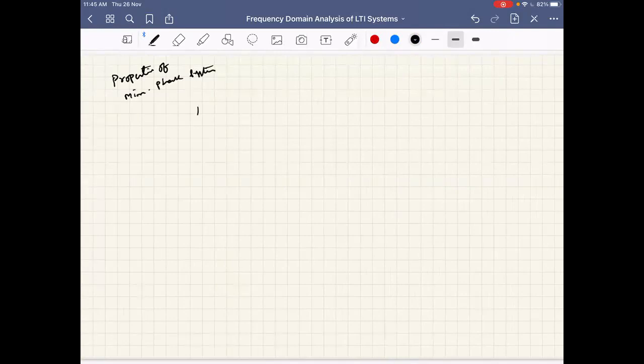Okay, so H(z) is equal to H_allpass(z). Let us write in terms of e^{jω} for simplicity. H(e^{jω}) we are now writing as H_allpass(e^{jω}) into H_minimum-phase(e^{jω}).